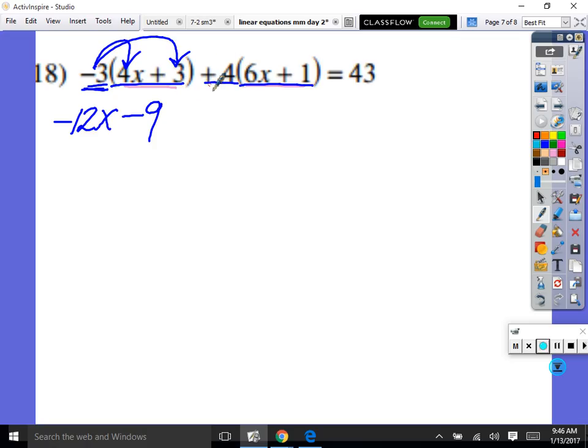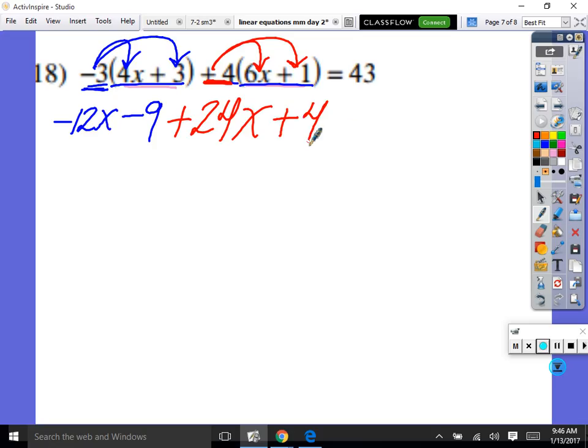Whatever this sign is, distribute it through with the 4. So positive 4 times 6x is, and make sure we start getting the habit of saying it's positive 24x. So that would be plus 24x. Does everybody understand? And now 4 was also multiplied to that 1. So positive 4 times positive 1 is positive 4. Way to listen. You're awesome.